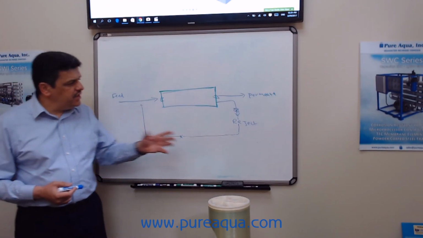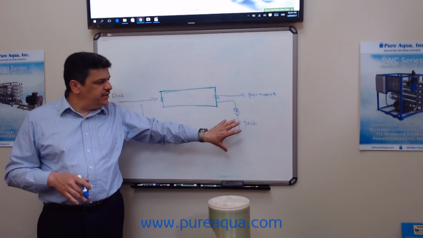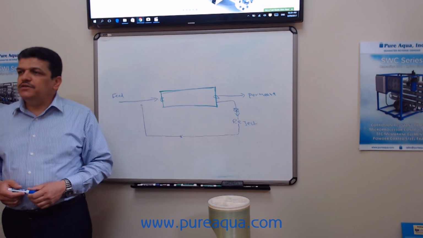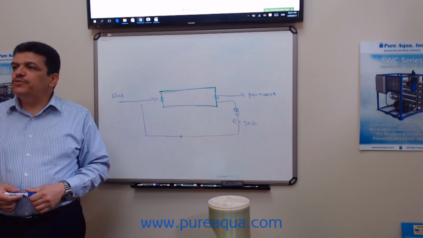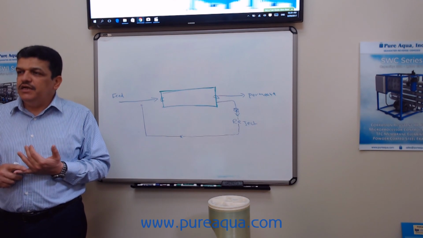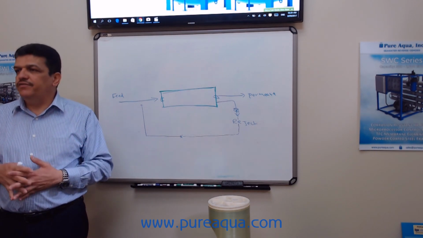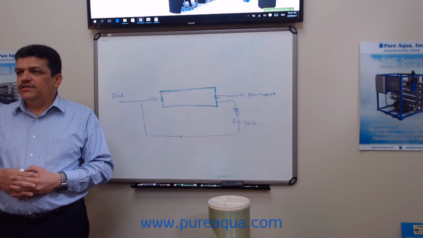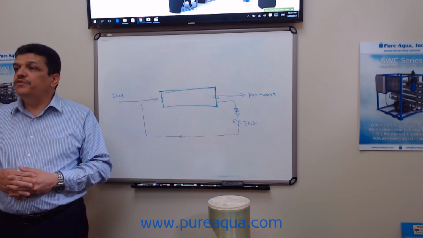So many countries now, including us here in the US, would take this water and pass it to a second reverse osmosis system. When you do this, you increase the overall system recovery. Sometimes we can achieve up to 93 or 94% overall recovery.